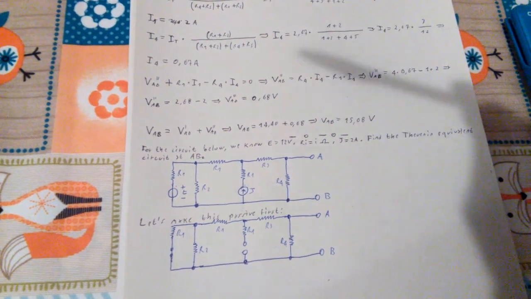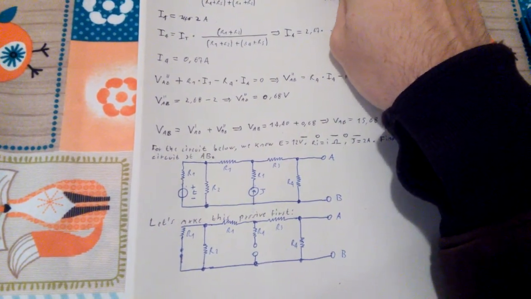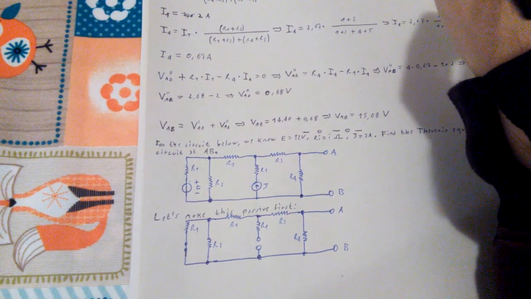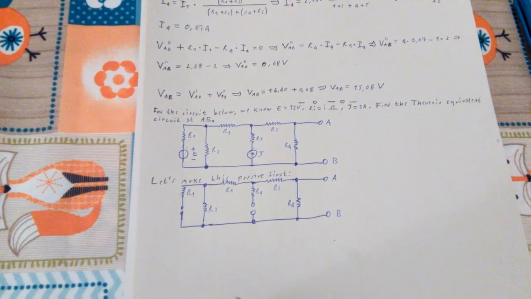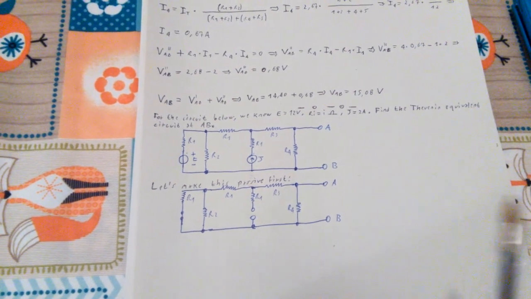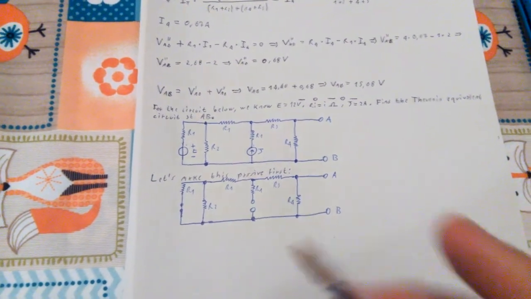Okay, so now the idea is to find the RTH, so basically the resistance of the Thevenin equivalent circuit.